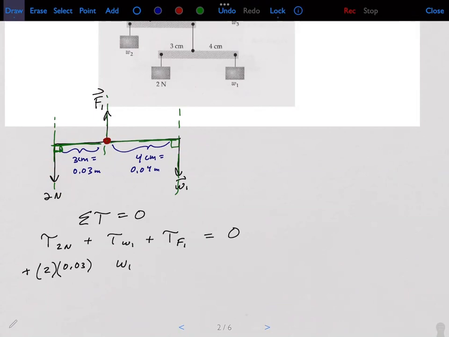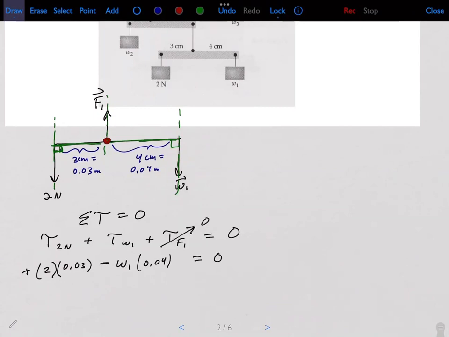And then for the weight, I have W1, the magnitude of the weight. The moment arm is 0.04. If that were the only force acting, it would rotate clockwise, so this is going to be negative. And the torque due to F1, since it passes right through the axis of rotation, doesn't have a moment arm, so that's just 0. So this equals 0.